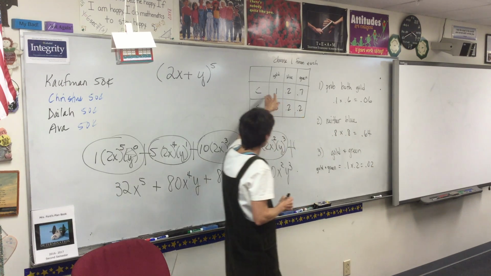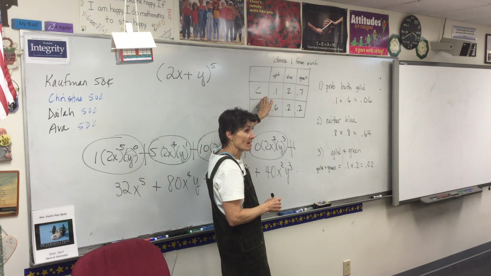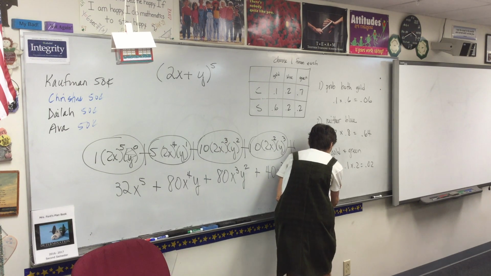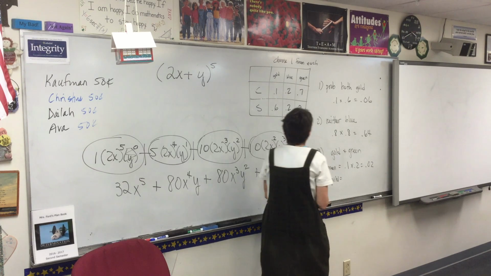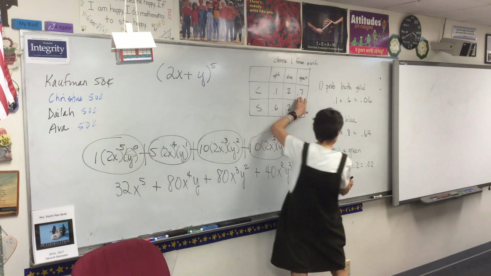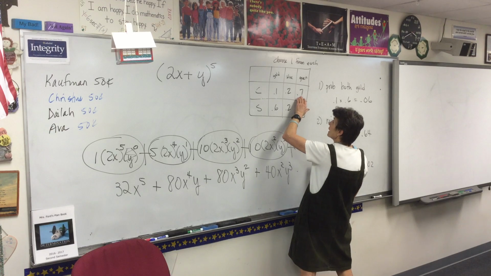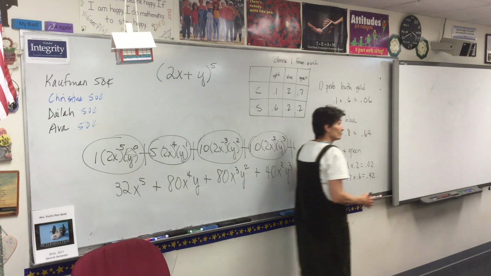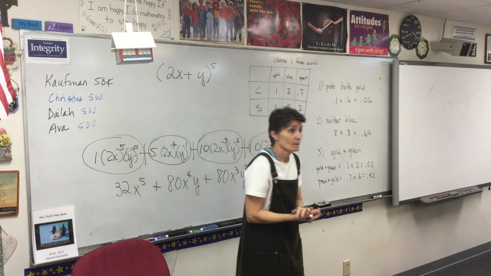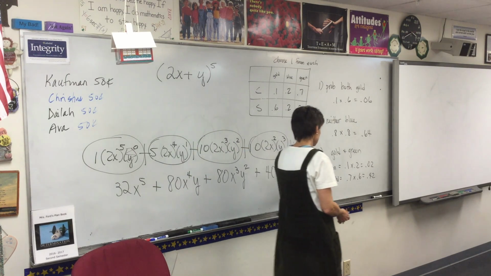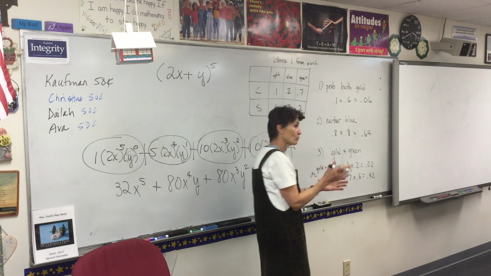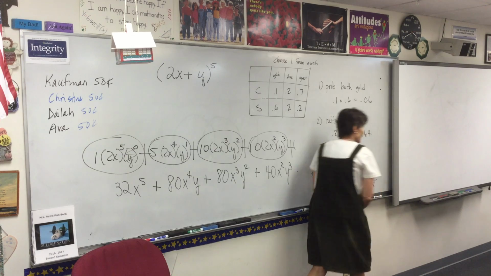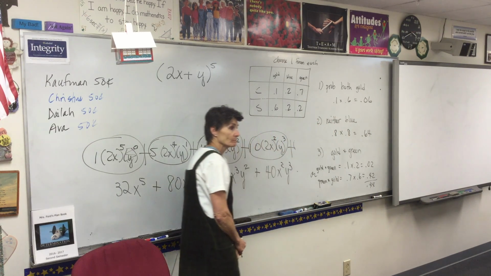Then I got gold from Caroline and green from Stephanie, but I could have gotten green and gold. So green from Caroline is 0.7, and gold from Stephanie is 0.6. That's 0.42. I add those up because it's this one or this one. Either one's okay. So the answer is 0.44.